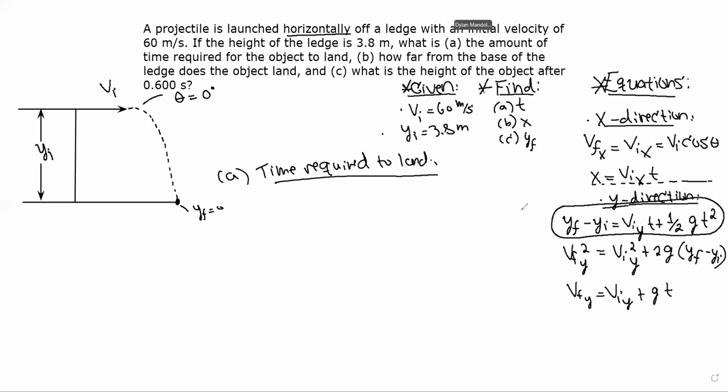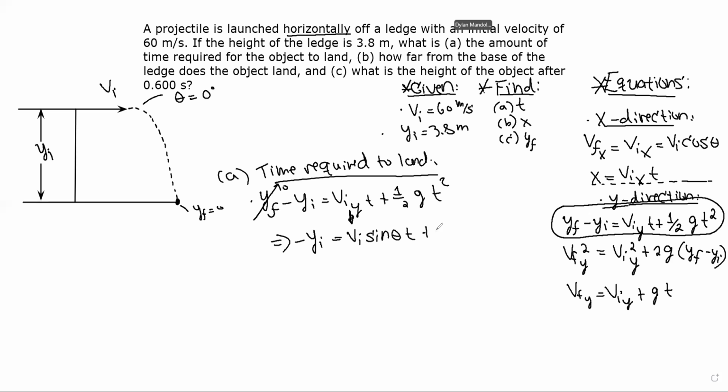We don't normally have final velocity given. So height final minus height initial equals VIy times t plus 1/2 g t squared. Height final is 0 when it touches the ground. Negative y initial equals VIy, which means VI times sine theta, times t.